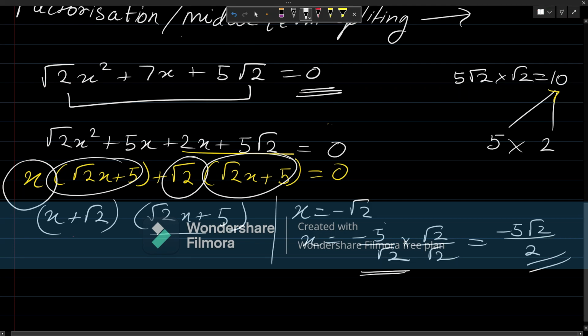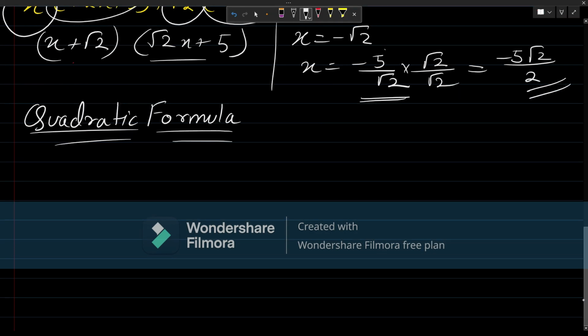Now let's talk about the quadratic formula. The quadratic formula is another way to find the roots. What we did above by the factorization method, we found the roots, or the value of x. Here you're given a different formula to find the value of x. In the end, you will find the same value either by factorization or quadratic formula.